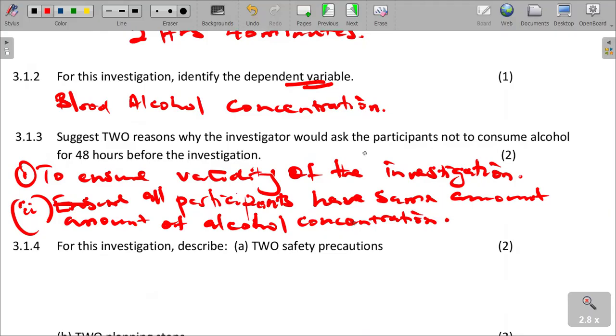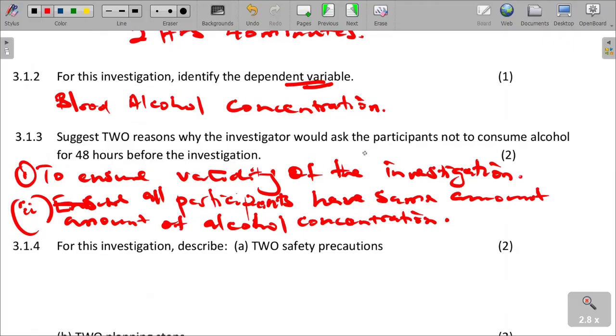He is trying to ensure that the concentration of alcohol in the blood of these people is the same. In other words, we can say that he wants the alcohol concentration to return to zero.